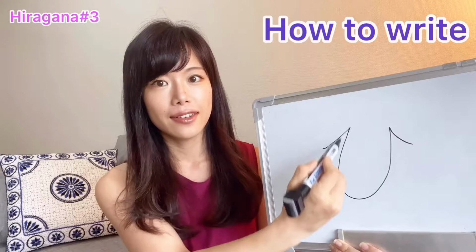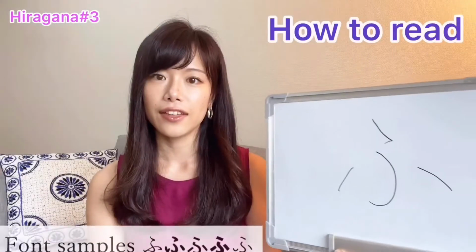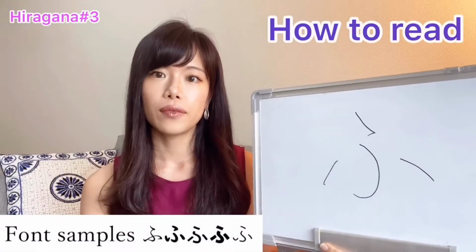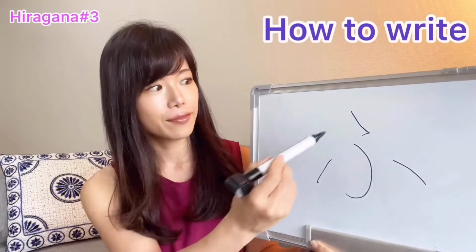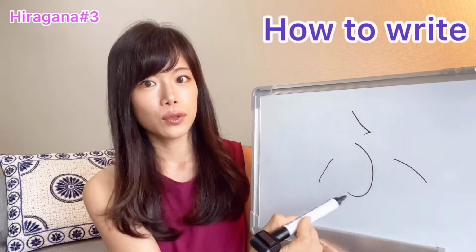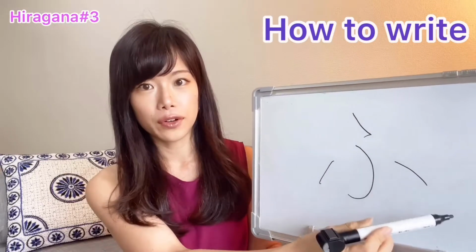Once again. 1. ひ。 Okay, so ふ。 How to write ふ? 1, 2, 3, 4.